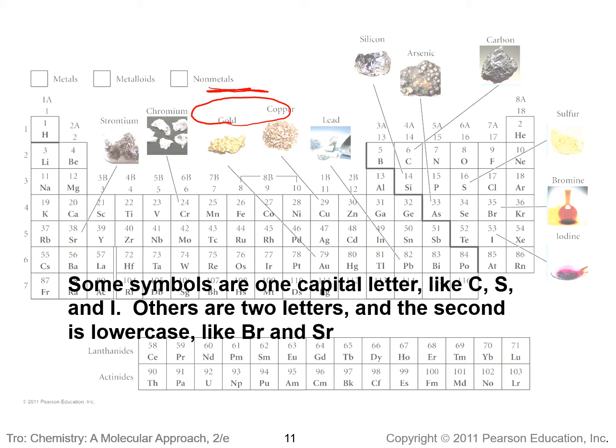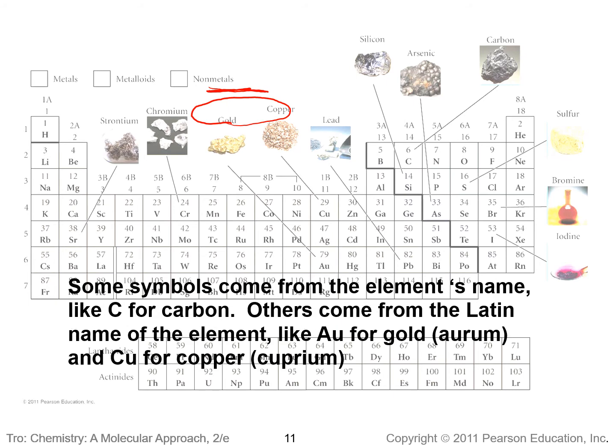The reason for this is because Co is different from CO. Co is cobalt. CO is carbon monoxide. So we do have to be very careful with our capitalization.